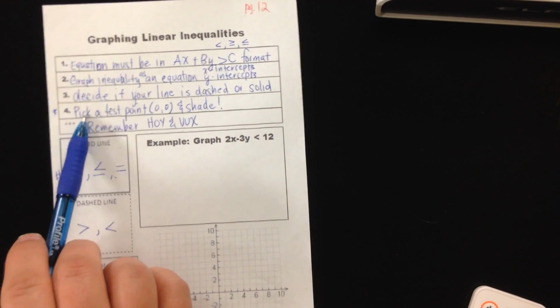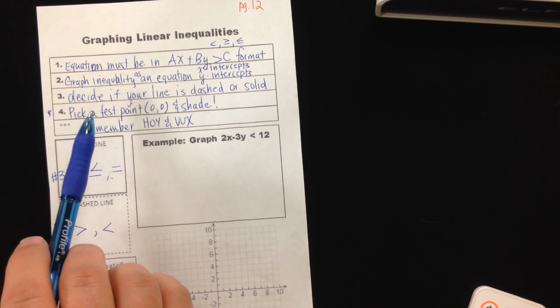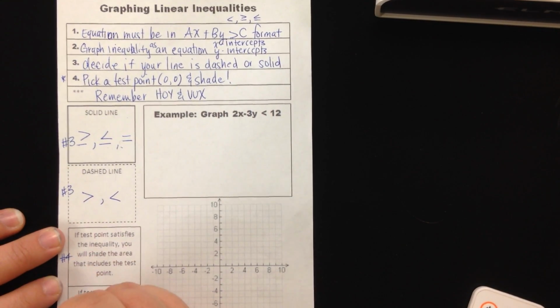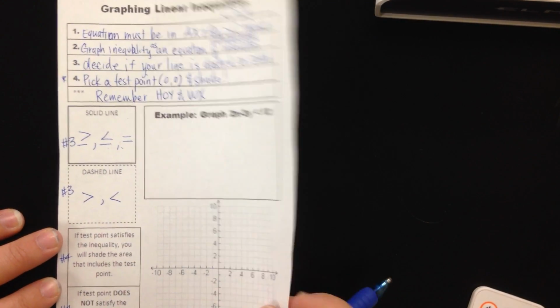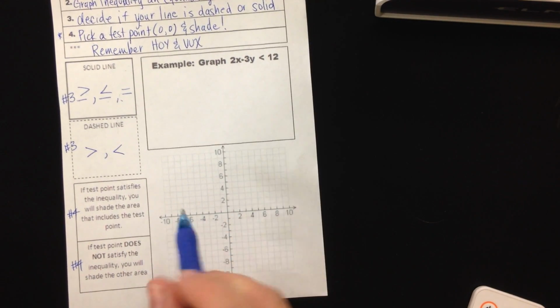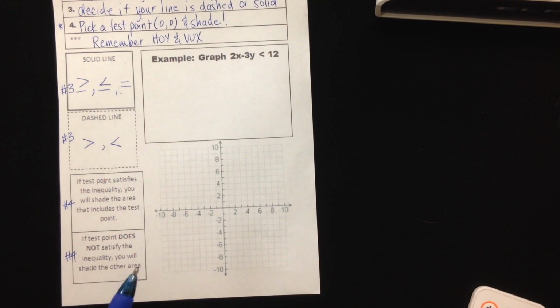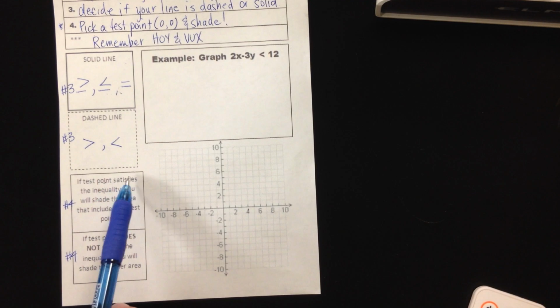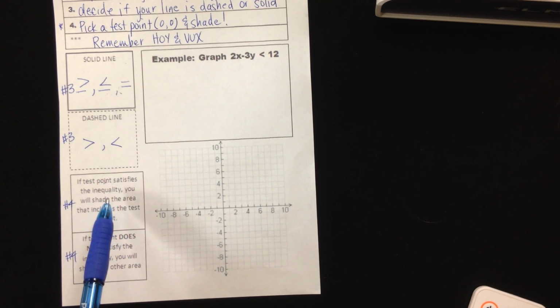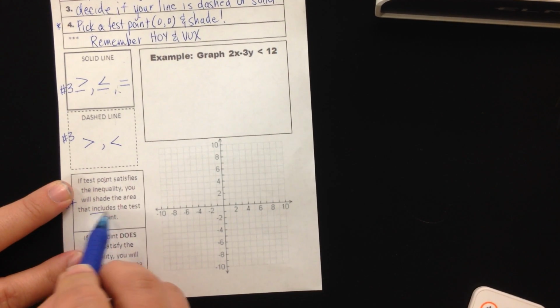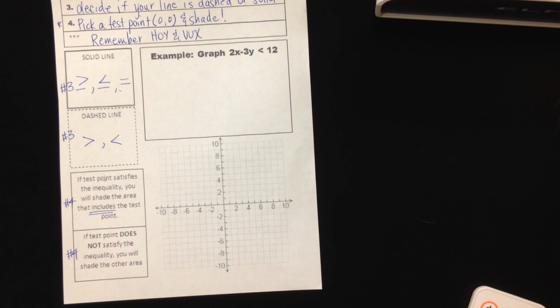Step 4, like I said, was the most crucial because this is going to be determined where you shade is found down here at the bottom. So these two boxes down at the bottom will describe how to do step 4. If your test point that you pick, now like I said earlier, we're going to try to pick 0, 0 unless our graph already goes through it. If your test point satisfies the inequality, meaning it makes the inequality true, you will shade the area that includes the test point.